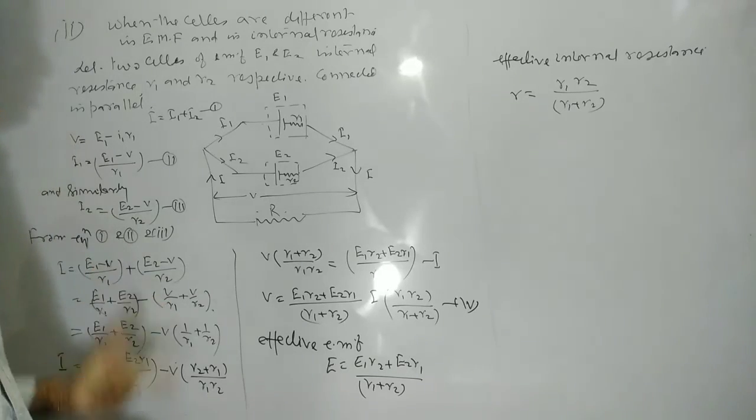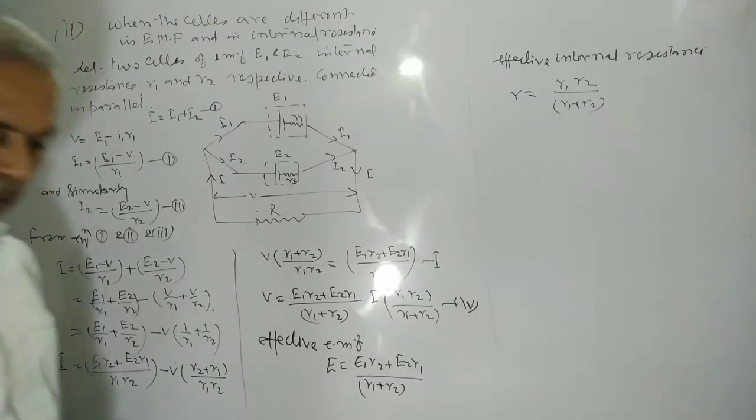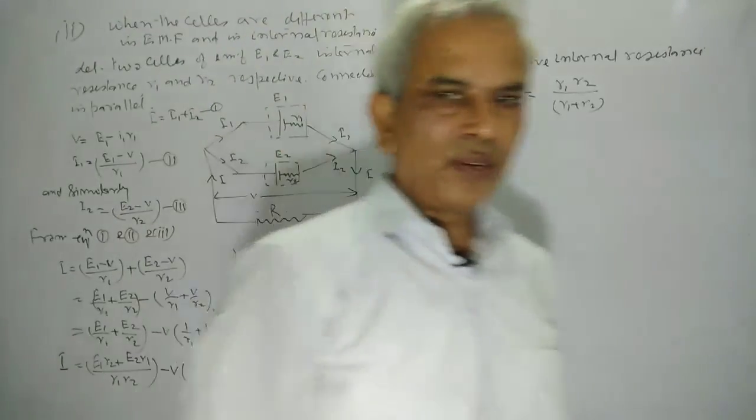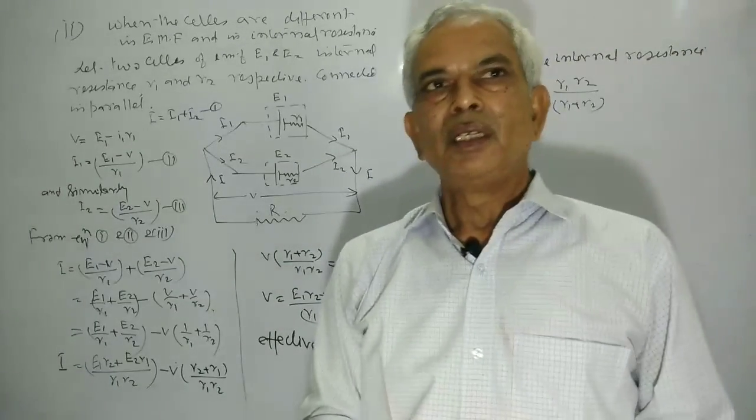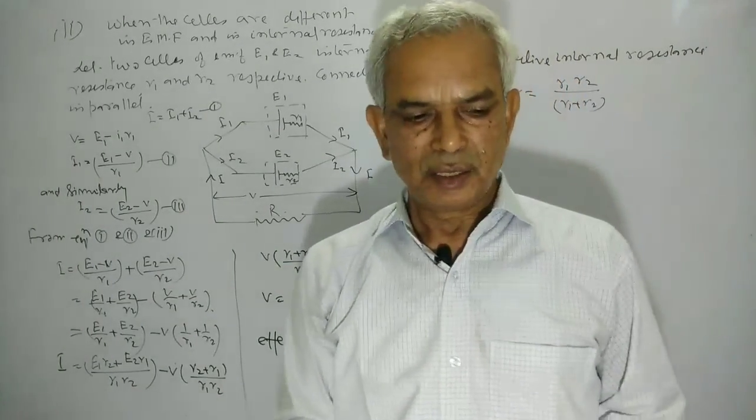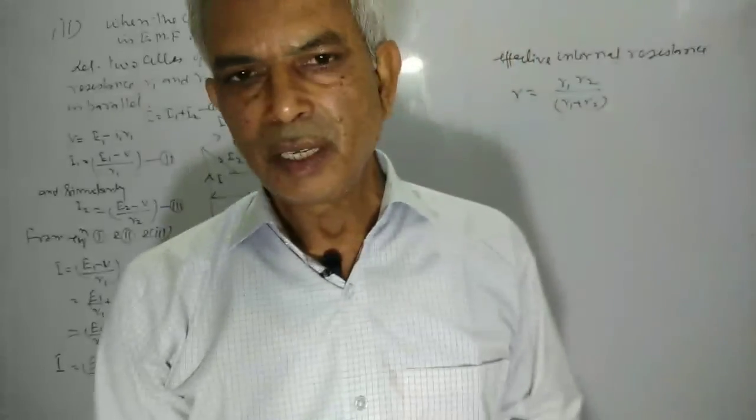So this is all about when the two cells are different in EMF and internal resistance. Now we finish our lecture here. Okay.